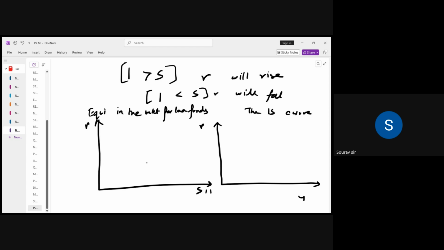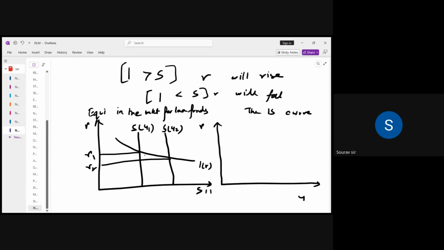Here we have Y1, Y2, and here we have I of R. Here R1 and this R2. And the curve will move.